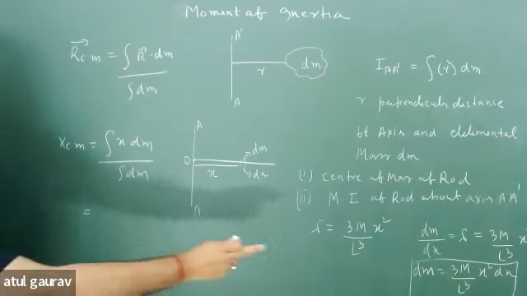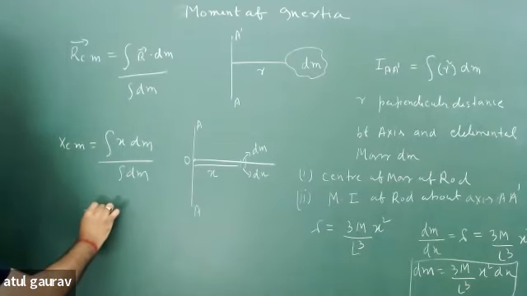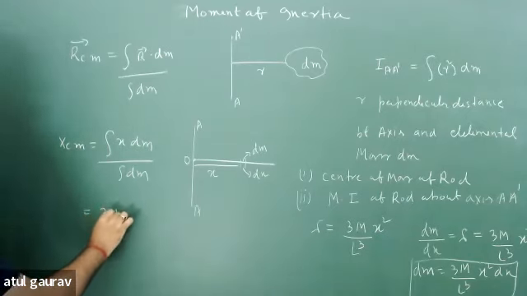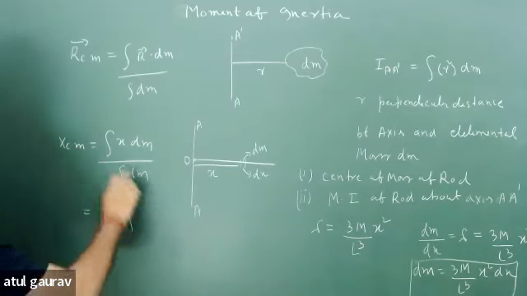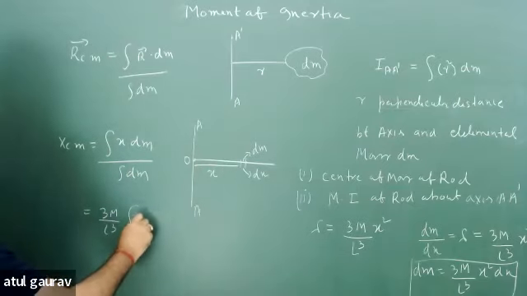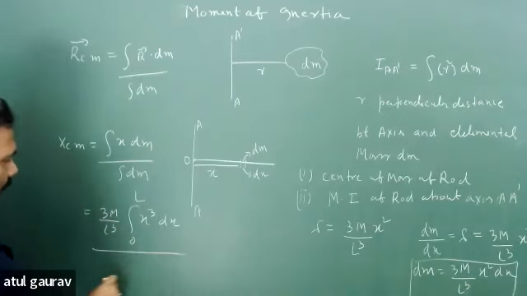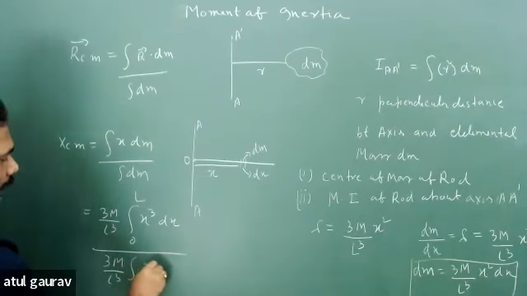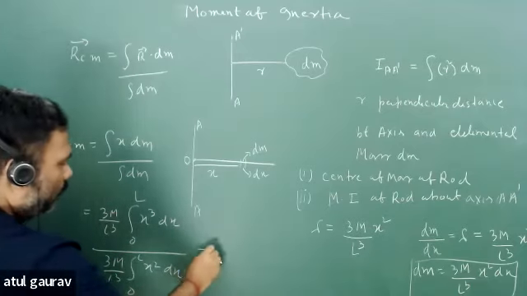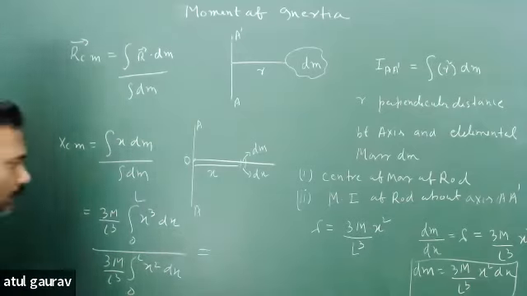Now we will take the constant outside. 3m upon L cube is outside, and inside the integration we have one x and another x square, so that value is x cube dx between 0 to L. And in the denominator again we have 3m upon L cube, and this is x square dx from 0 to L. And what will be my center of mass?